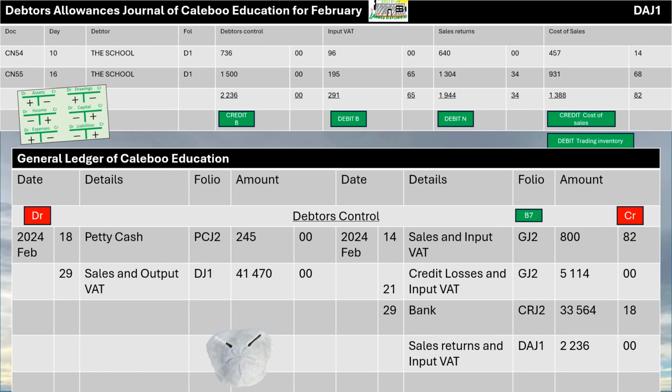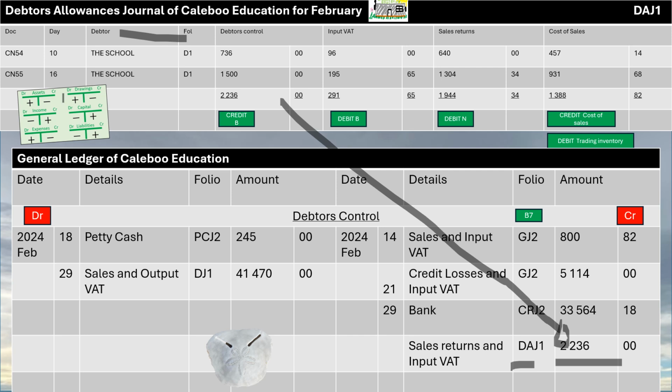Whoa, but there's one more type of transaction. The school returned items to Caleboo Education that still needs to be posted. So there it is, from the debtors allowance journal, 2236. Now hopefully we have all the transactions that relate to the school or our debtors in the control account.